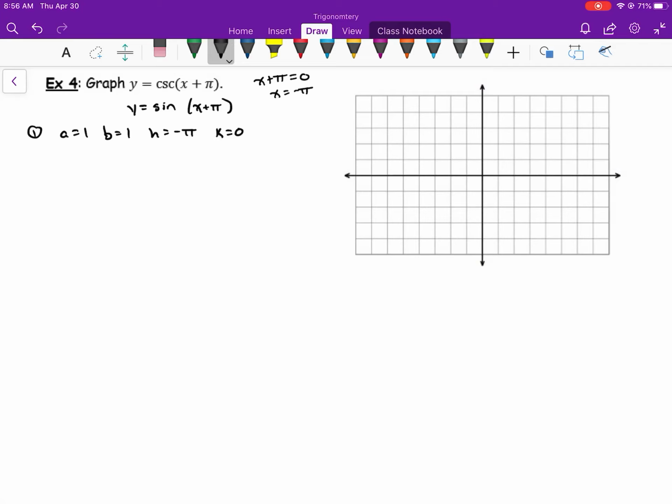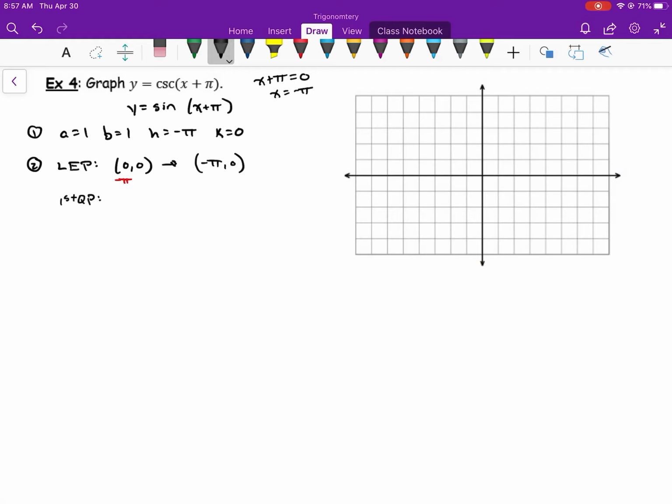And then k is 0. So step 2, left endpoint is at 0, 0. You have to subtract pi from the x value because it's a horizontal shift, so we get negative pi and 0.